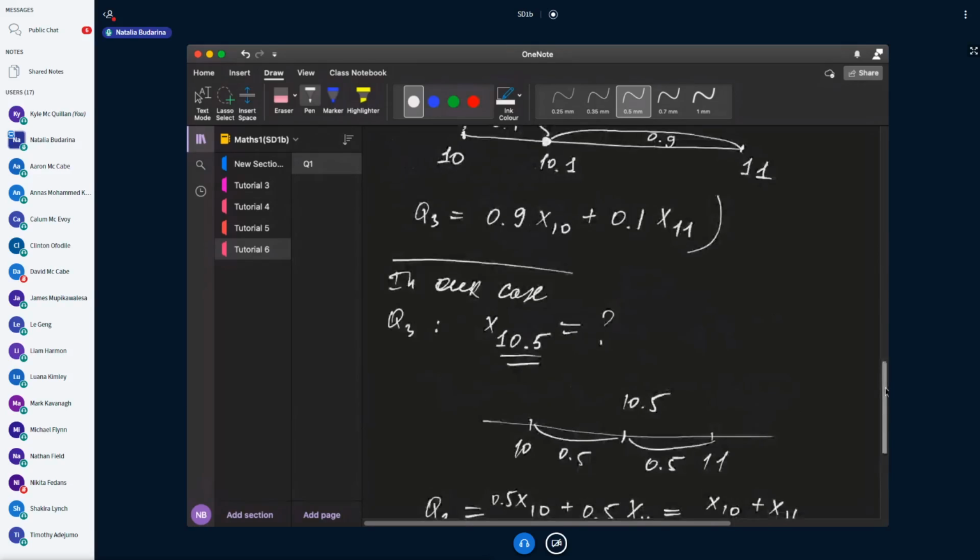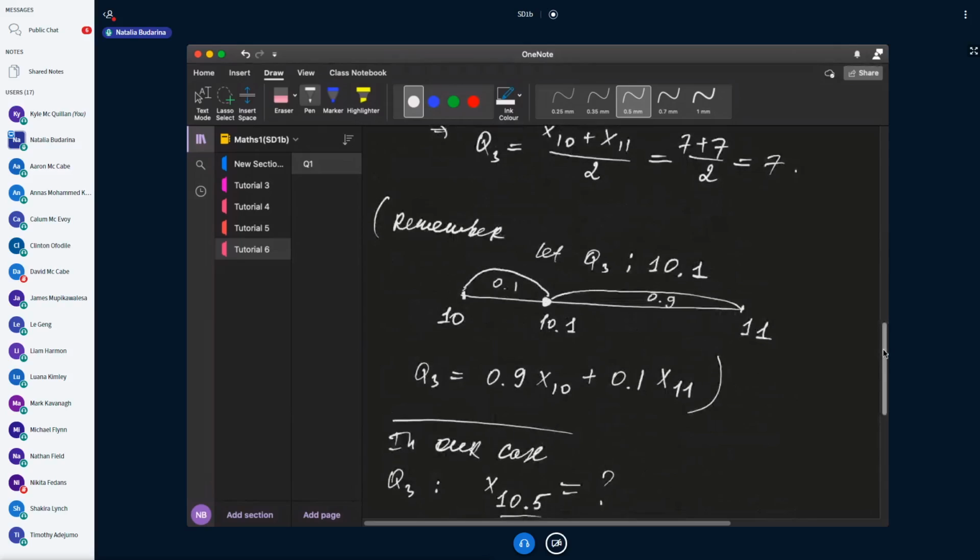In the general case, for example, when you need to find x10.1, you put these two numbers and see that, of course, 10.1 is closer to 10. The distance between them is 0.1, and far away from 11, 0.9.